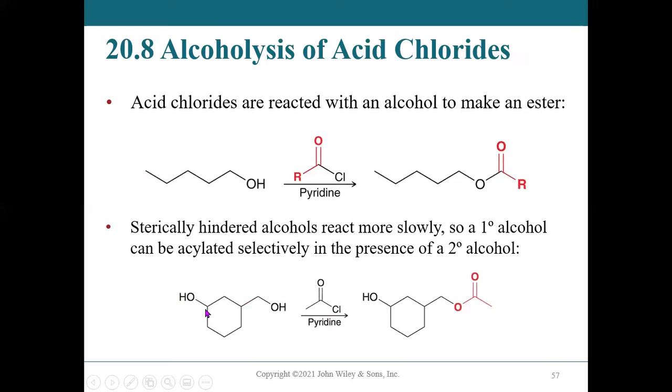So here the secondary alcohol has a primary. We use this chloride in the pyridine. We only acylate, that means put this acyl group on this OH, not on that OH.